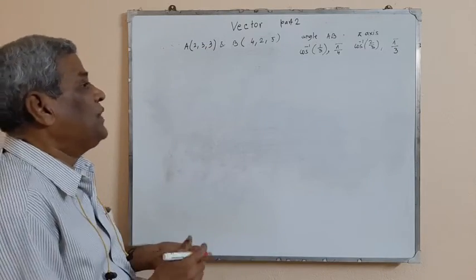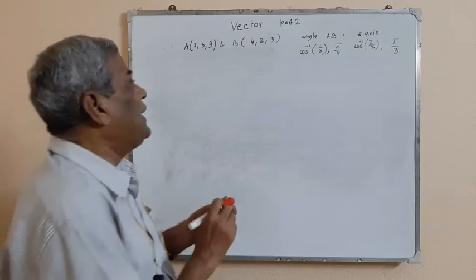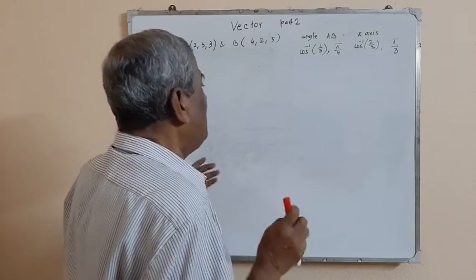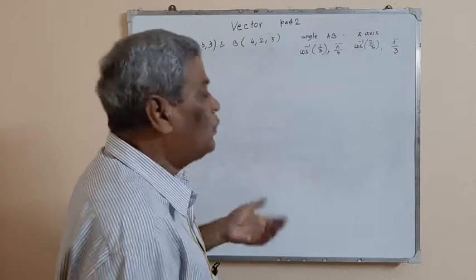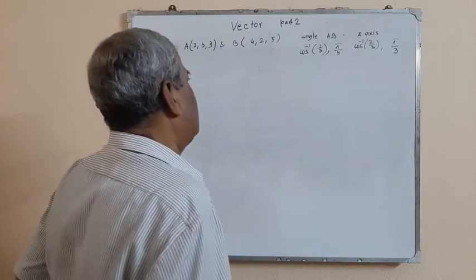Then the problem is very straightforward. A and B are two given points. We have to find the angle which AB makes with Z axis.